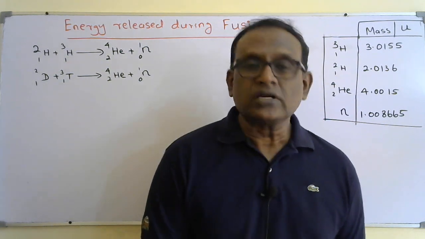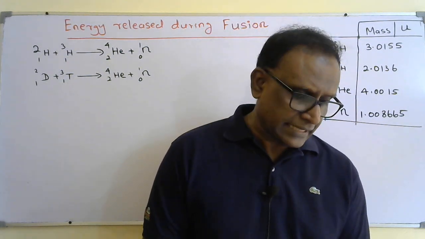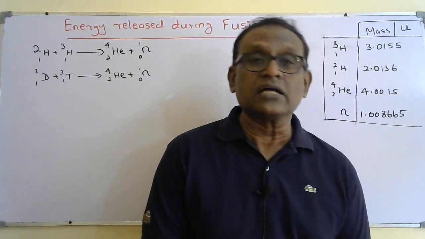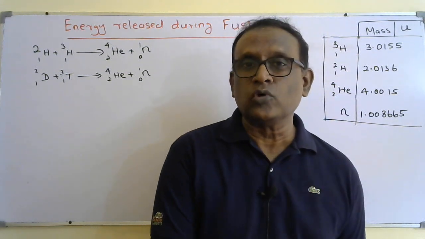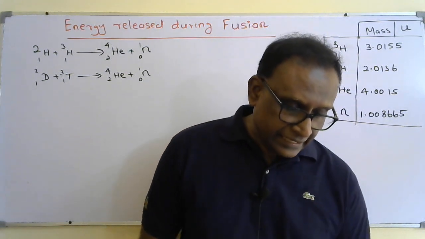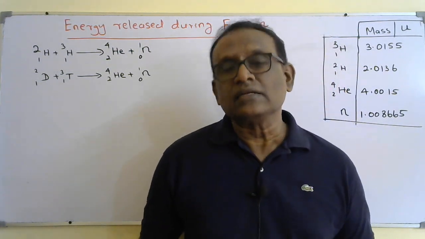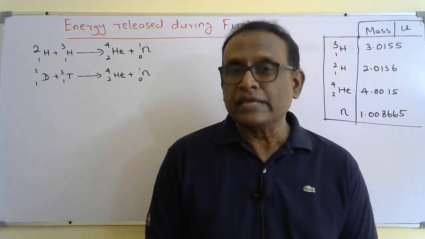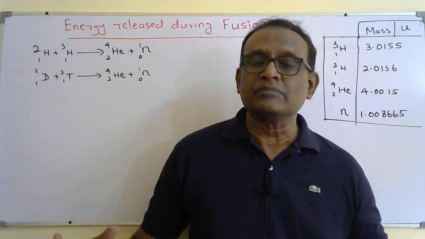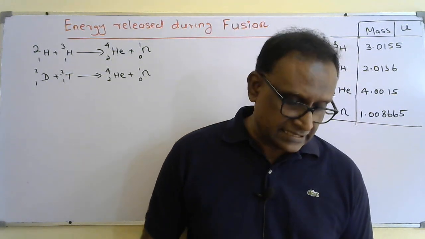Now, how much is the possible maximum temperature? The core of the sun is almost 15 million Kelvin. Even 10 million Kelvin is okay for fusion to overcome the electrostatic repulsive force, but the sun has 15 million Kelvin.